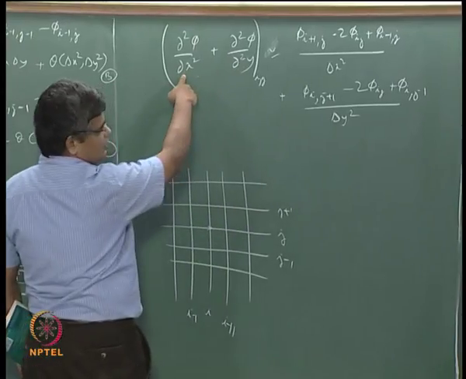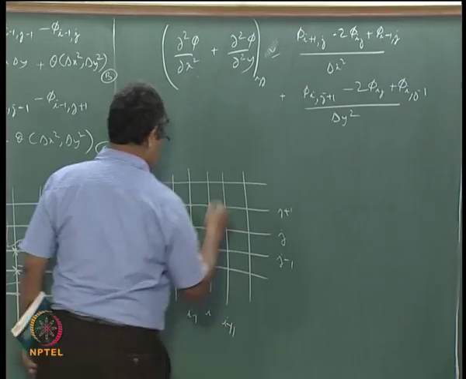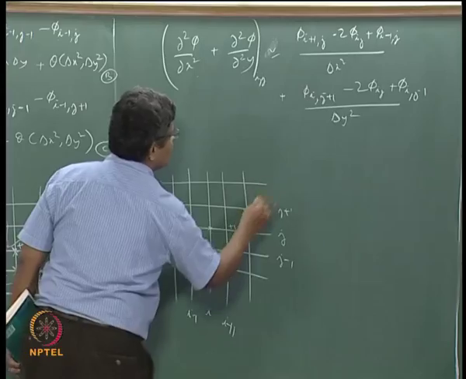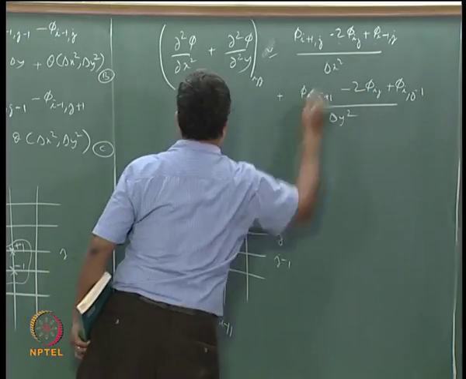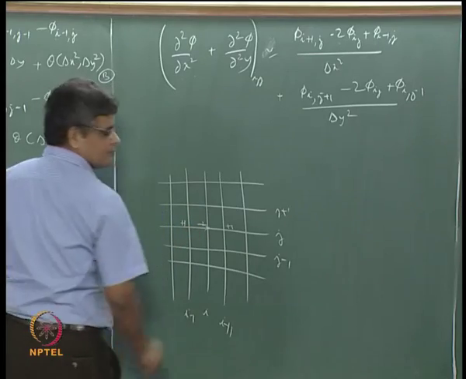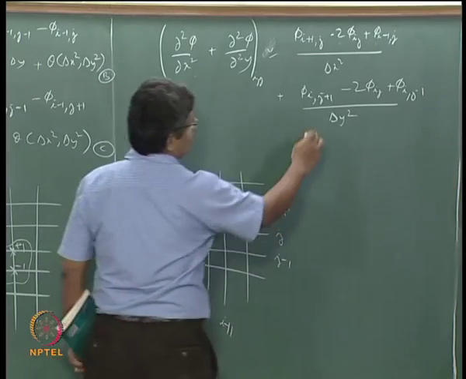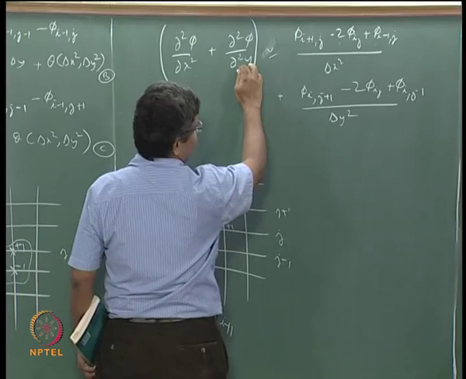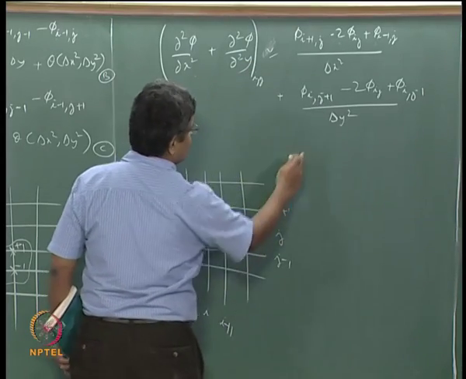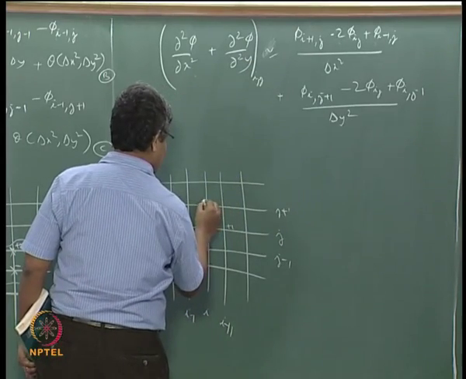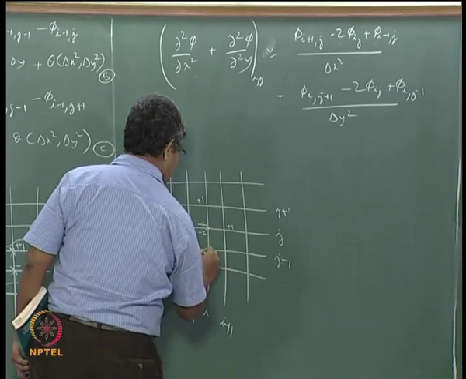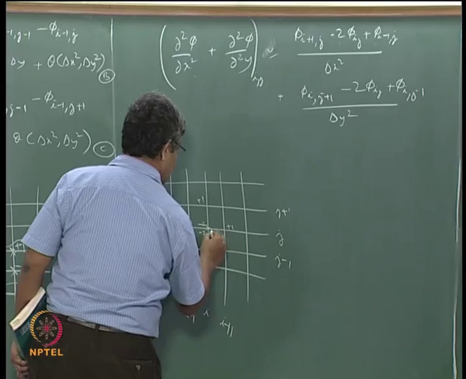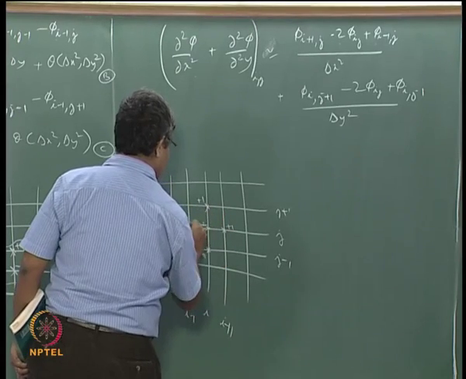So the derivative here has plus 1, minus 2 for the central point, and plus 1 for this, and a weightage coming from the derivative in the y direction is j plus 1 here. This is plus 1, minus 2 and plus 1. So we have a computational molecule which is like this.